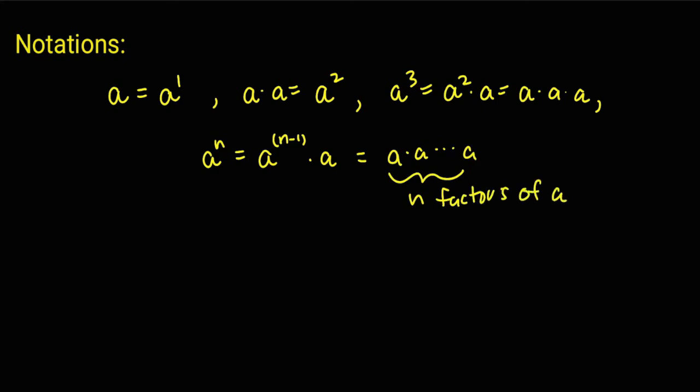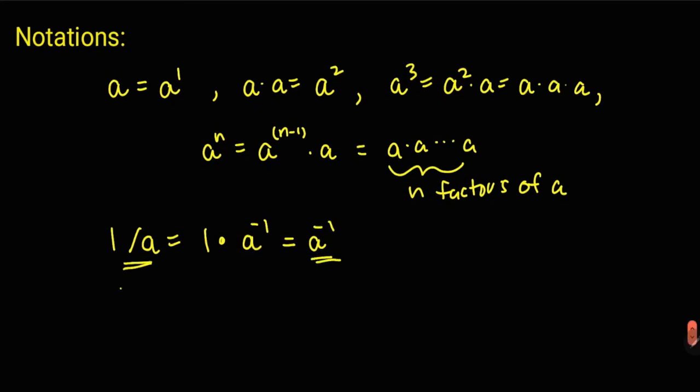Now, let's incorporate the inverse symbol. We have 1 over a defined as 1 times a inverse. But since 1 is the multiplicative identity, then this is simply a inverse. Meaning, 1 over a is a inverse. So if we want to square 1 over a, that means we have a inverse times a inverse, multiplying a inverse to itself, which can be written as a inverse squared.